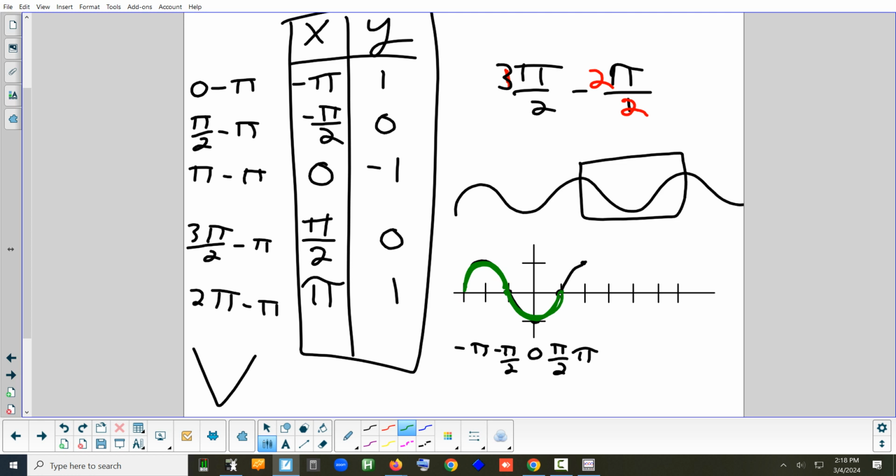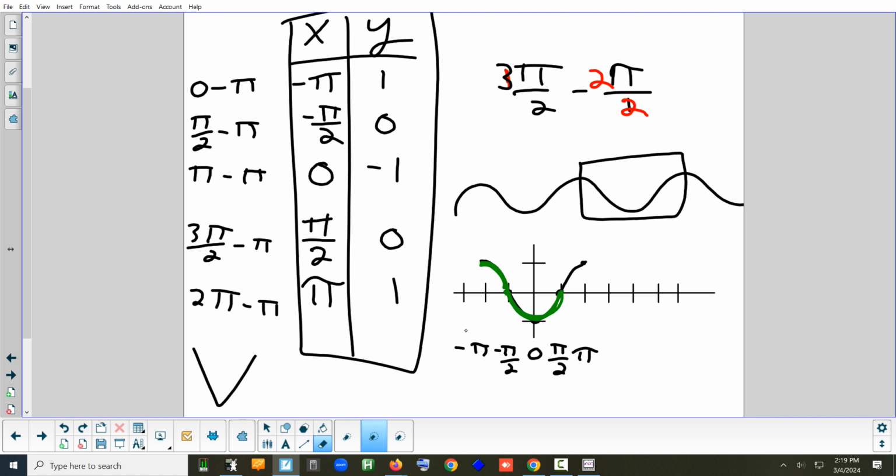So the concavity keeps switching. You don't have to know that fancy word, but that's what's happening. Let me just put the graph back the way it was. Just like that. And that's it. That's your sketch. Any question on that sketch?